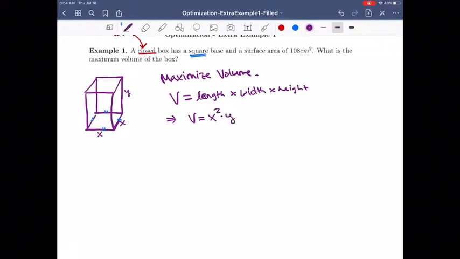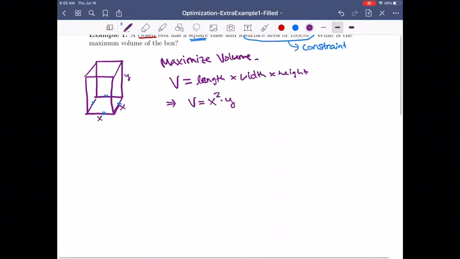Now this has too many variables, right? We have a V, an x, and a y. That's too many. We need to take the derivative, but we can't because there are so many variables. So we want to use this extra condition. The surface area we know is 108. So this is going to give us our constraint that will help us eliminate one of the variables.